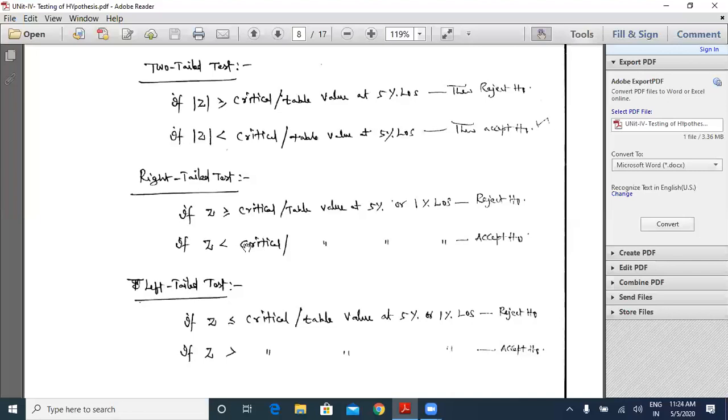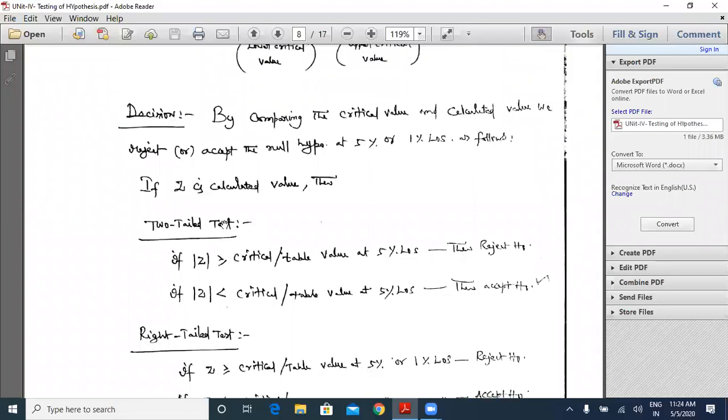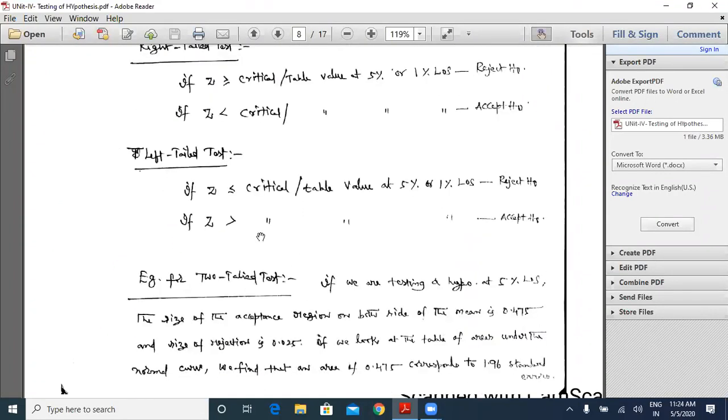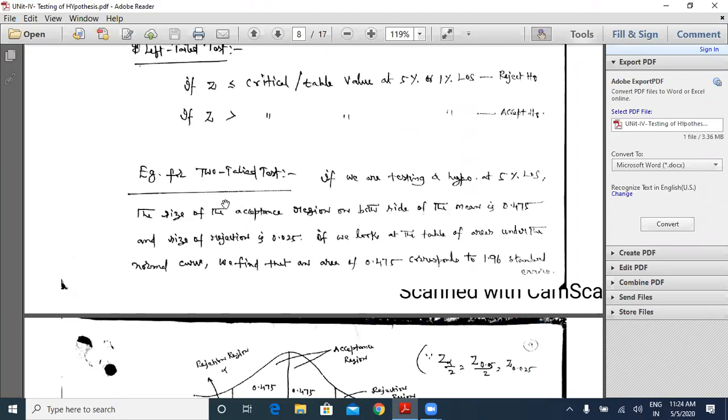If calculated Z value is less than critical value, we accept here, whereas there we reject. So you have to identify this difference. This is the conclusion on how to draw the decision based on these points. We will see it later while solving problems.